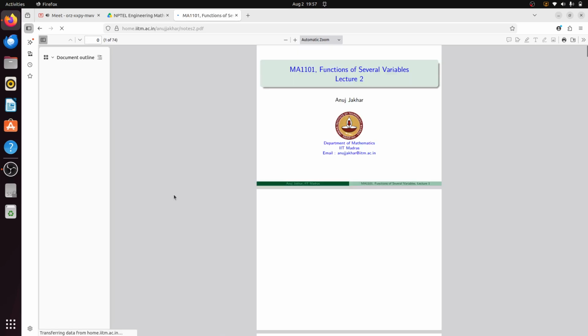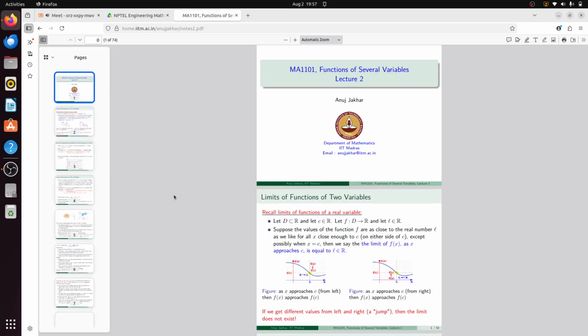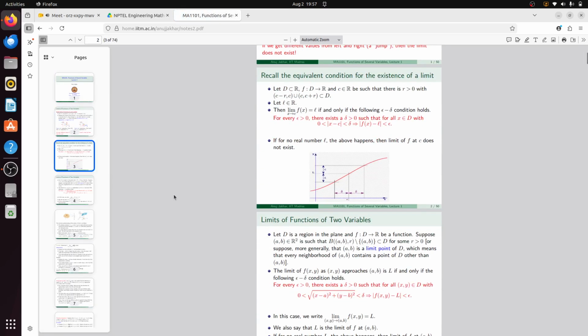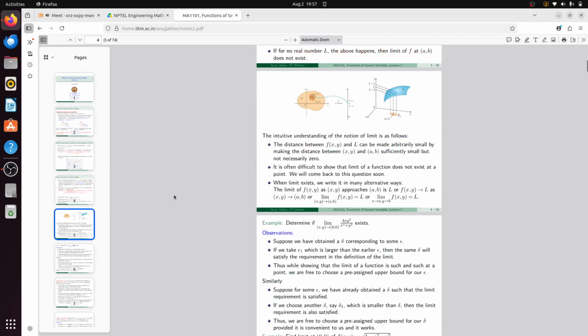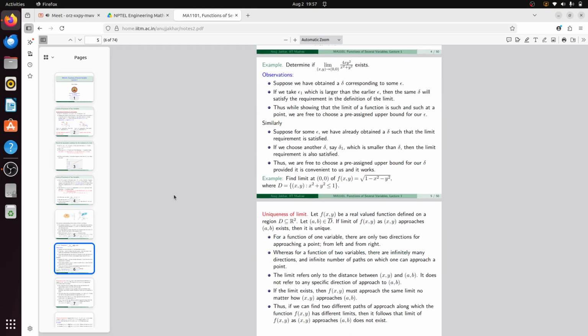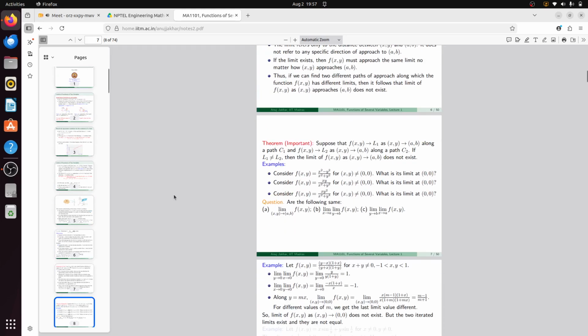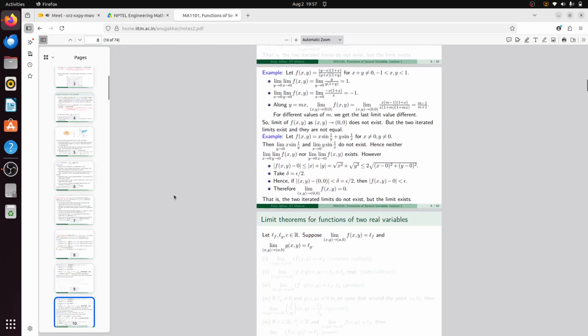Here maybe some good amount of notes. I think Professor Anuj Jhakar's notes you can also use. You can have a look at these notes of Anuj Jhakar.